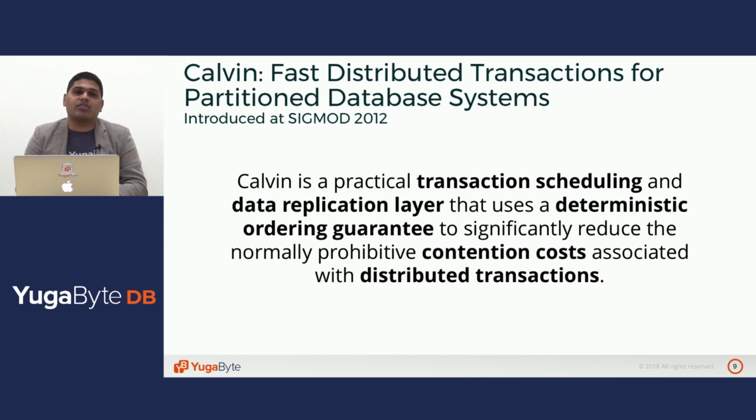So when transactions are trying to update the same data, Calvin ensures that it can deterministically order the sequence of those updates. As a result, there is less contention, and there is a clean linear ordering of the various operations.